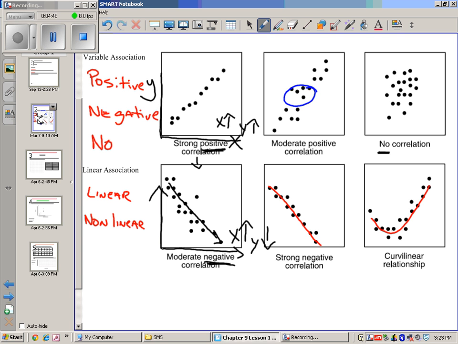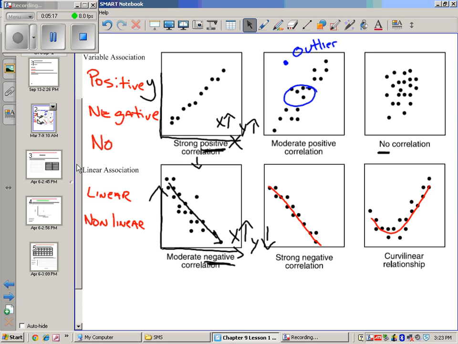Say we have an outlier: there's one point way out there. An outlier is away from the rest of the group. We've talked about that in previous lessons as well. And a cluster is just a grouping of similar data.